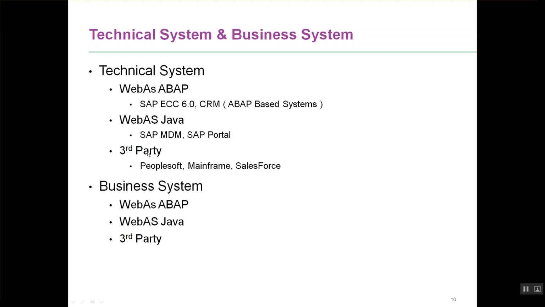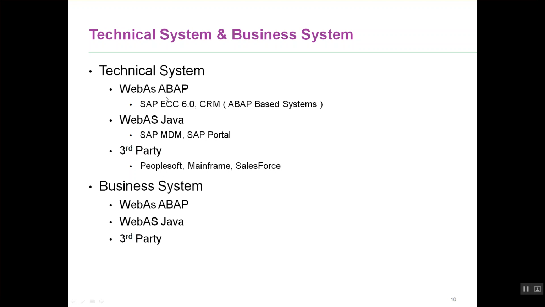Third-party systems are any technical system that is a non-SAP system. So be it a PeopleSoft system, be it a Salesforce.com system that can register itself to the SLD, it is called a third-party system. Okay, a business system has three different types: a web-based ABAP business system, a web-based Java, and a third-party.